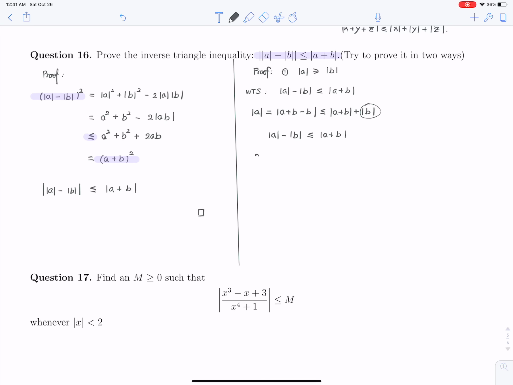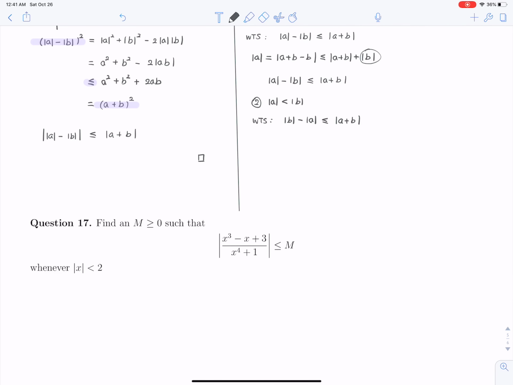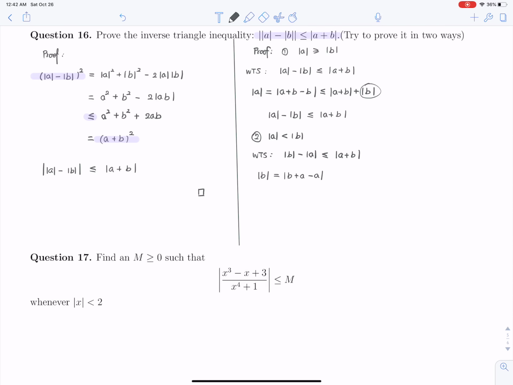The other case, this is smaller, then we want to show the absolute value of B minus the absolute value of A is smaller than or equal to the absolute value of A plus B. Well, this is like the same thing, but I start with B. Again, I can write it as B plus A minus A. And then, okay, I'm going to write this by triangle inequality.